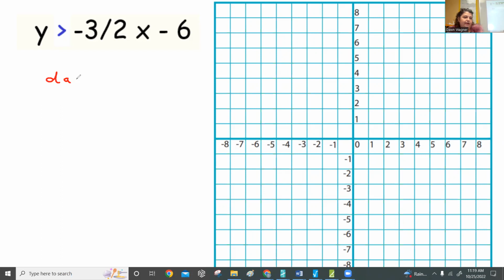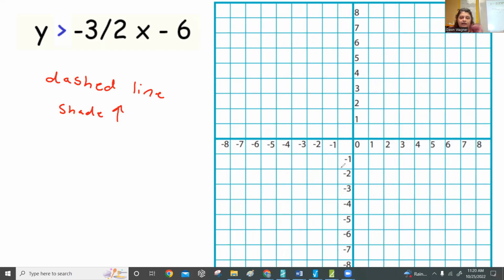How do I know it's dashed? Because there's not a line under it. Am I going to be shading up, or shading down? You're going to be shading up because it's greater than. Anytime it's greater than, you shade up. When it's less than, you shade down.